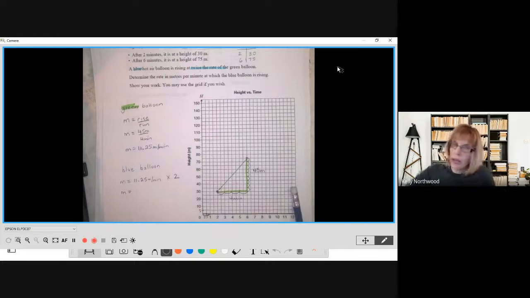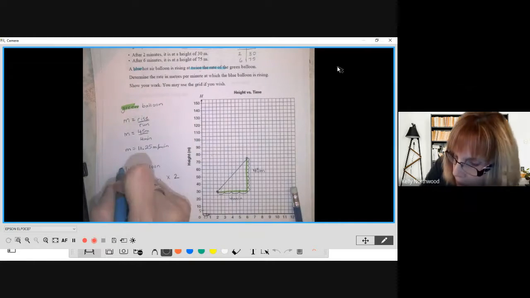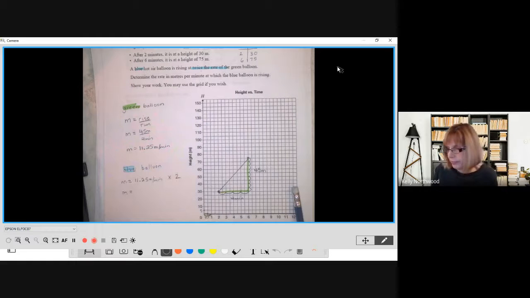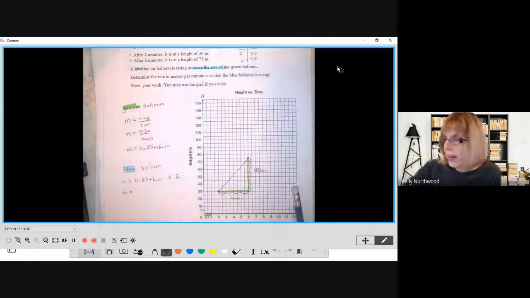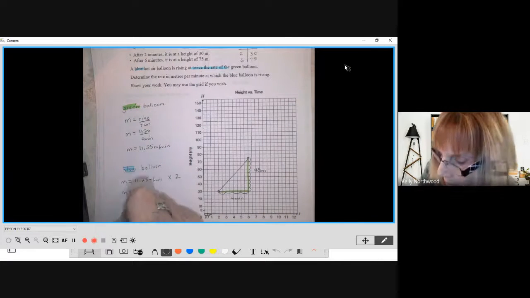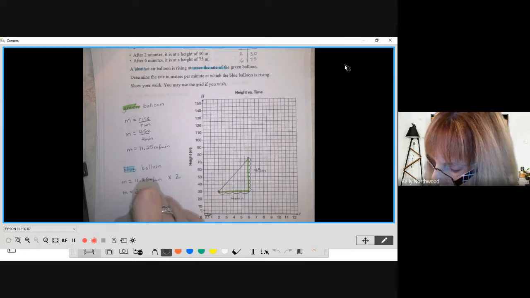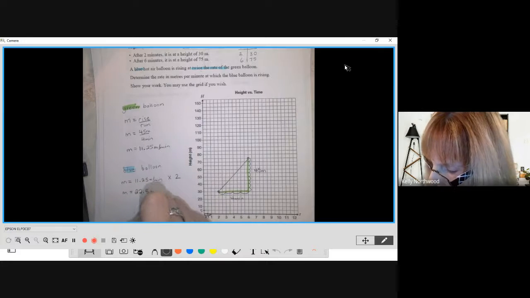So then I just need to multiply that number by 2. 11.25 times 2 is 22.5 meters per minute.